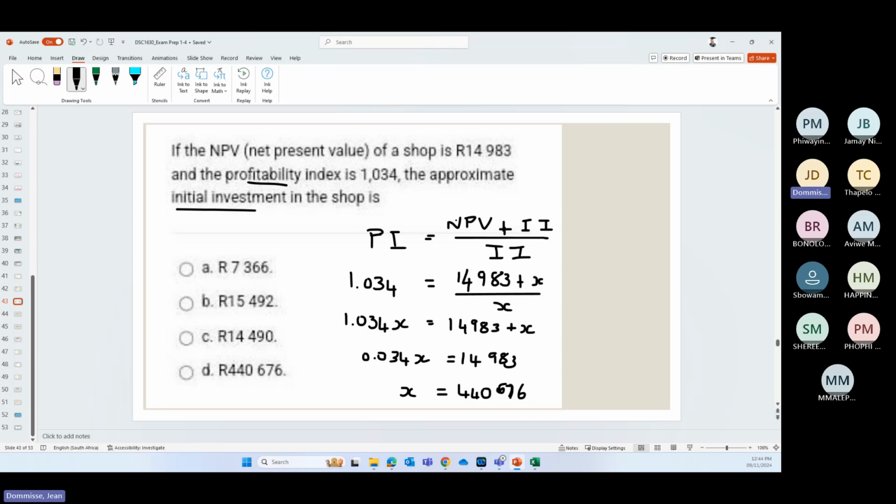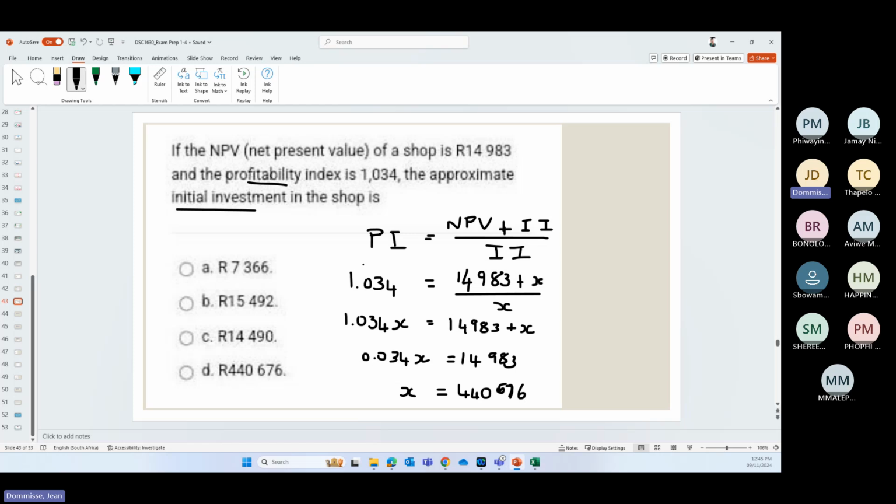It's different if it was the initial amount that we had and we needed to work out the net present value. But because we add and we divide, there's nothing really that we can say from the start we're going to eliminate. So it's not like the previous one where we could have said, because the profitability index is more than one, we know that the net present value must be a certain amount.